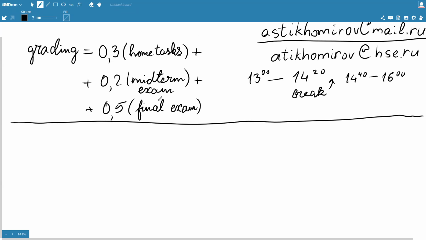Okay, so let's start with manifolds and smooth manifolds.